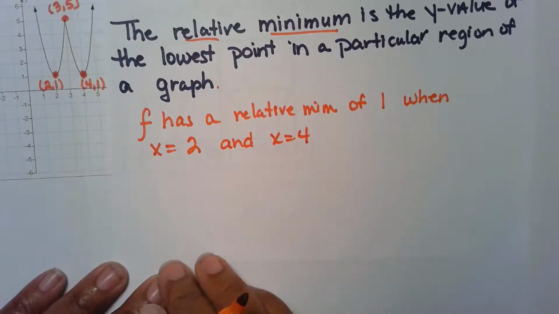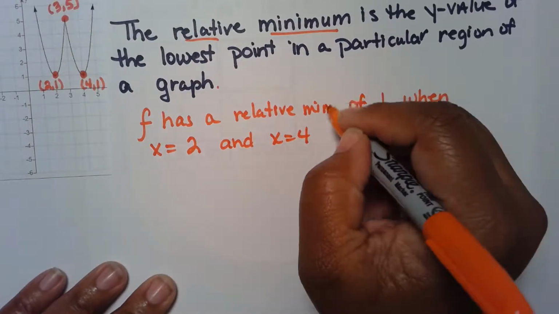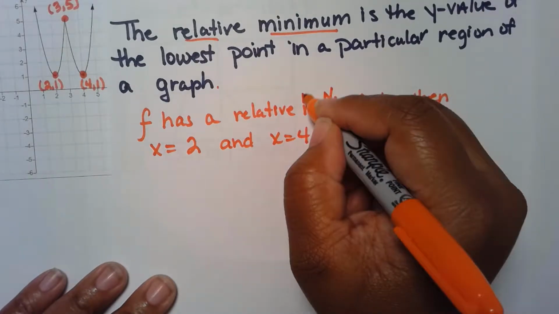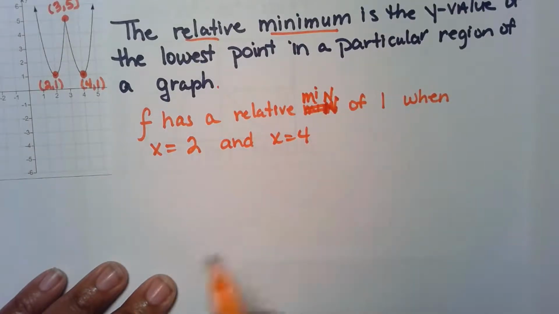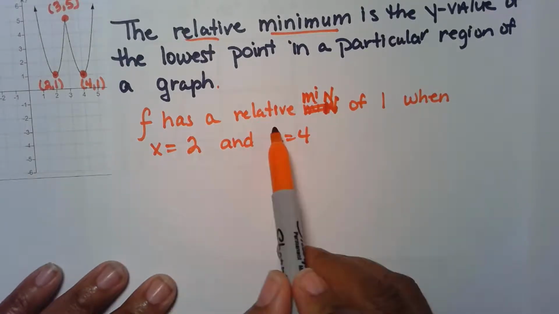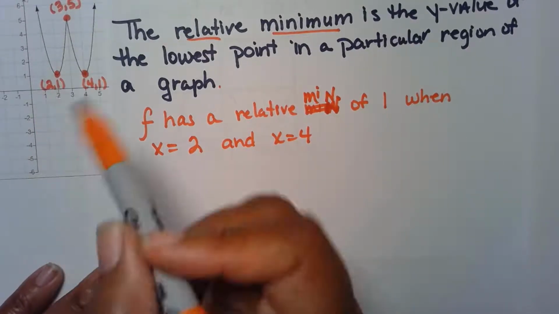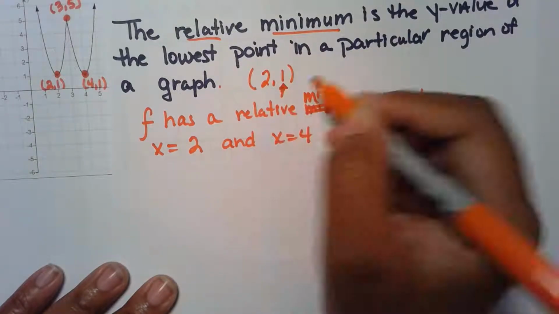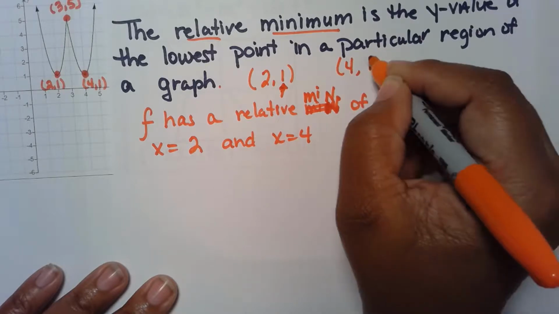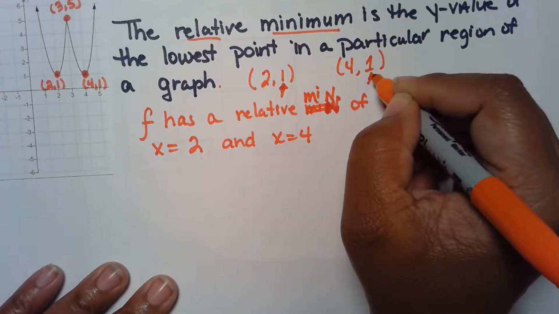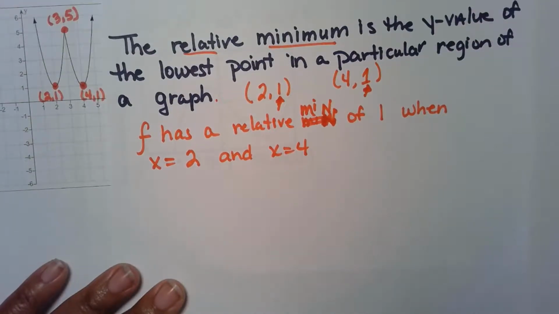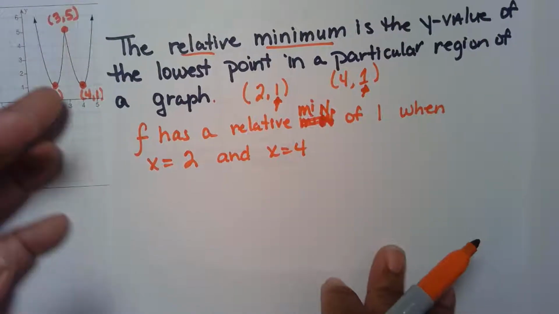Or we can say this separately. When it has a relative minimum, the smallest y value, that's what we're looking for. We have (2, 1) and (4, 1). The smallest y value is 1 when we're talking about relative minimum. Okay? Now, the next example.